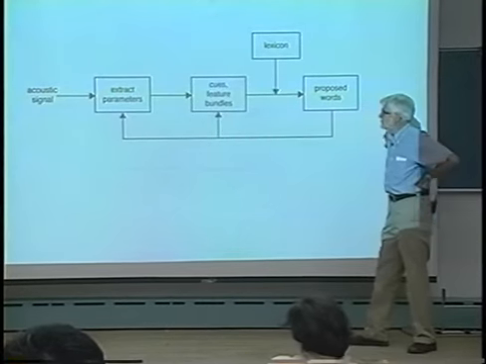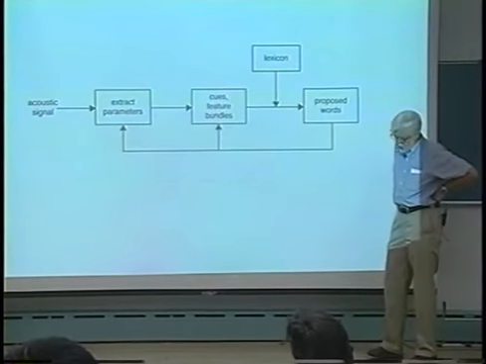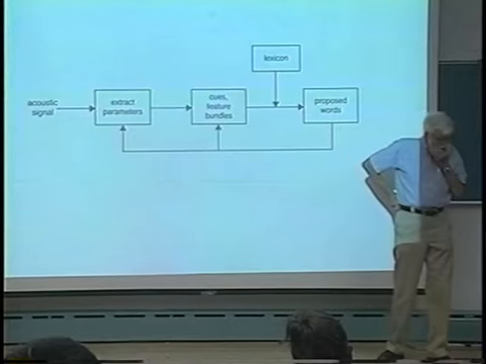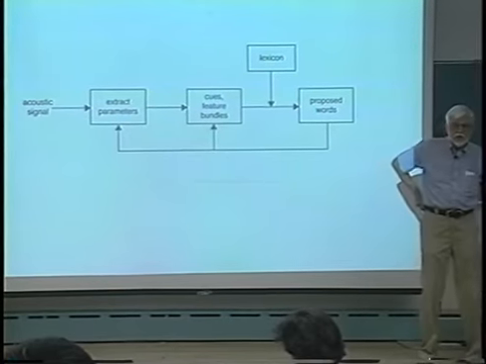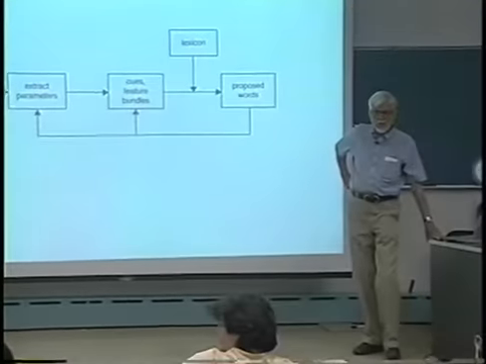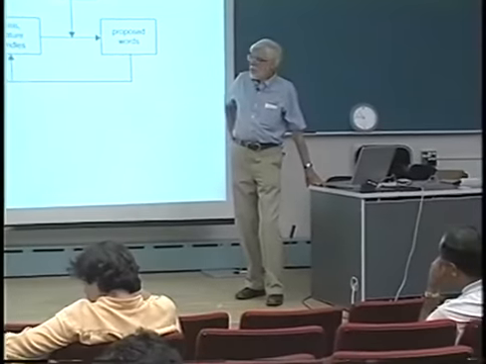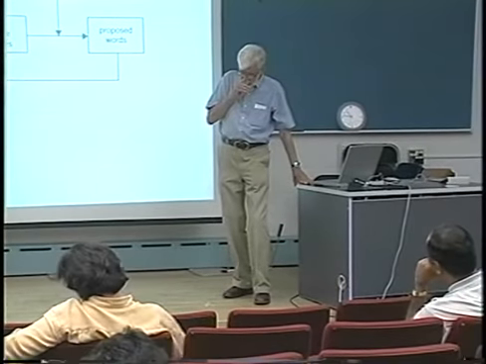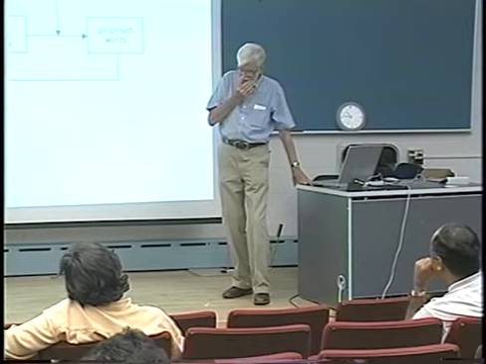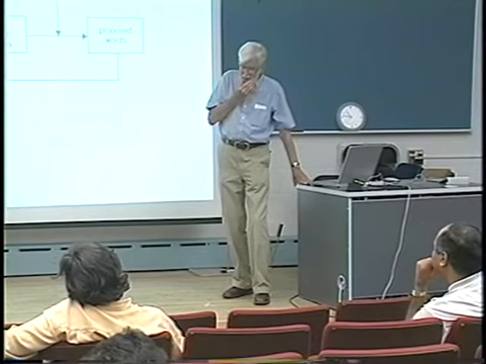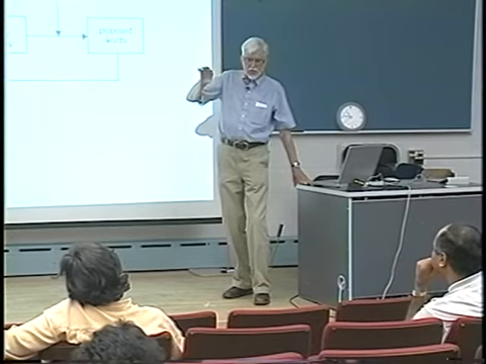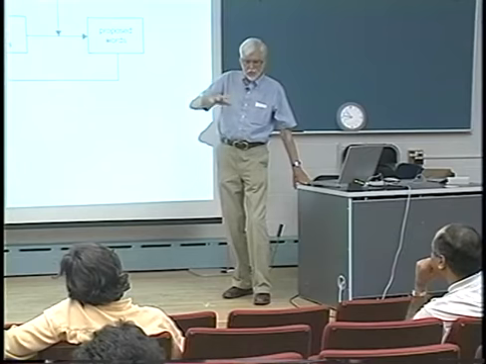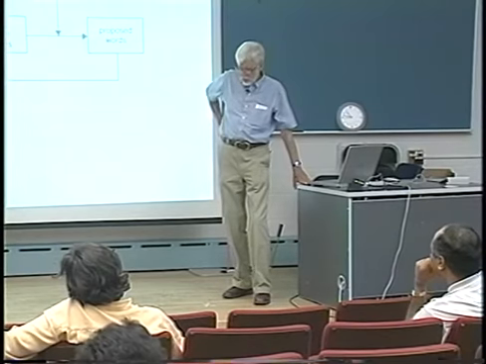Okay, so for example, let's say you have an algorithm for identifying place of articulation for stop consonants. Now we know that identification of place of articulation for stops will depend upon looking at the burst, if there is one, looking at the formant transitions, and so on.